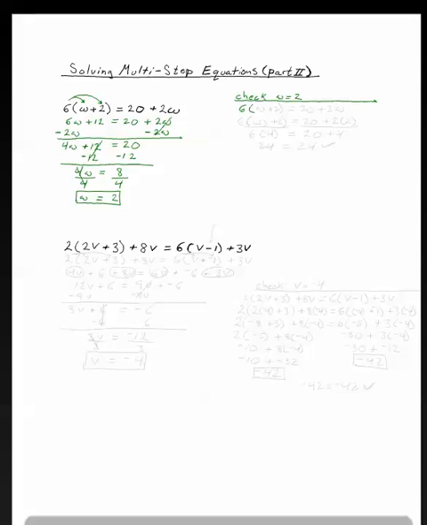We've got 6 times w plus 2 equals 20 plus 2w. The next step is to replace your variable with empty parentheses. So 6 times w plus 2 equals 20 plus 2w.